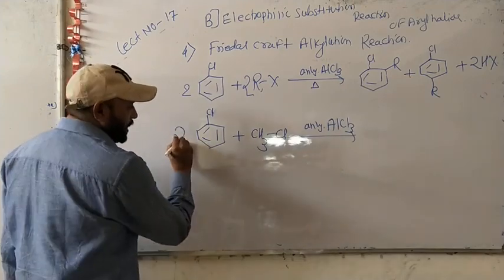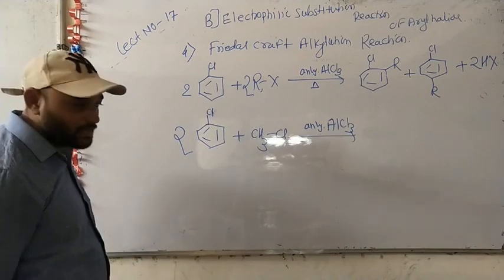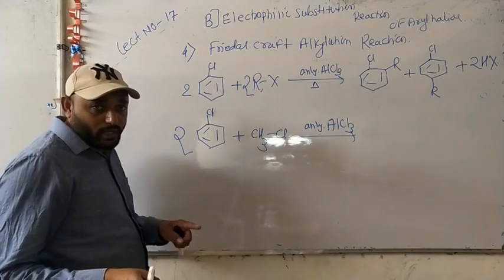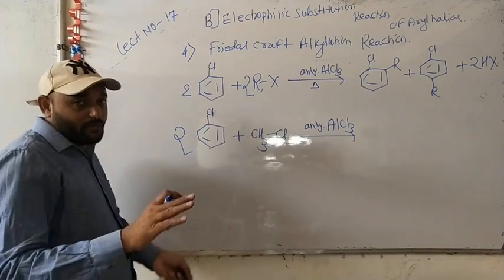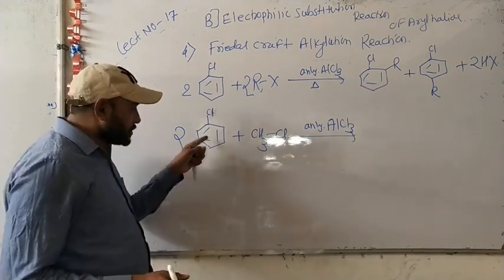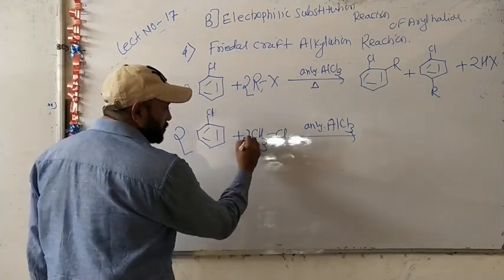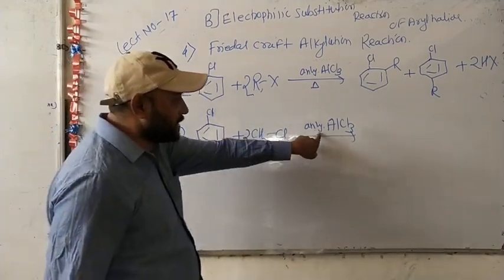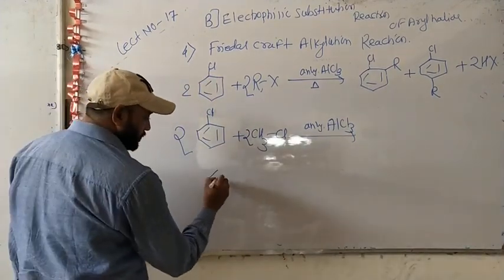How many times do we have to take it? Two times, because it is an ortho and para director. That's why for ortho-methylation you take a first molecule, and for para-methylation you take a second molecule. So this is two times, and this is also two times. And this is the catalyst, anhydrous AlCl3. So what is the product formed?